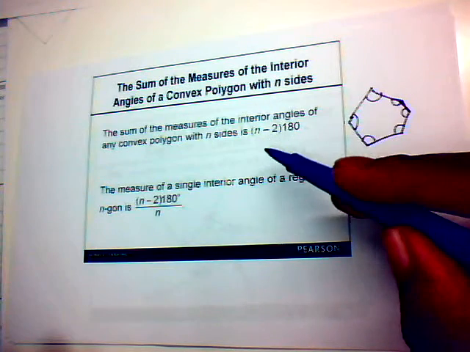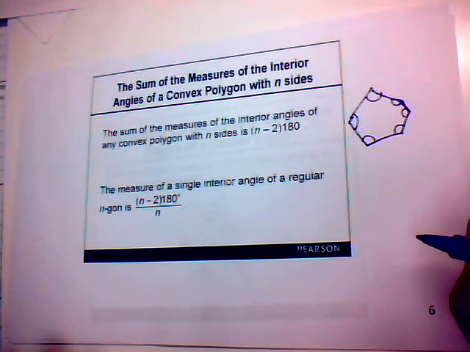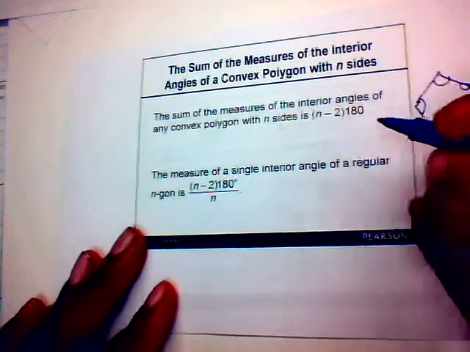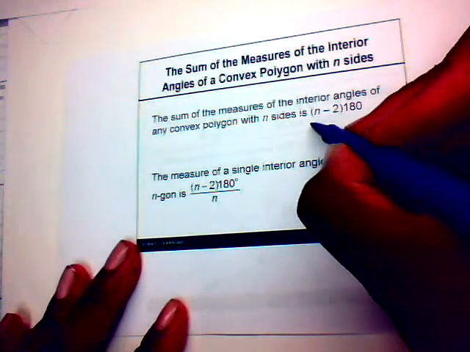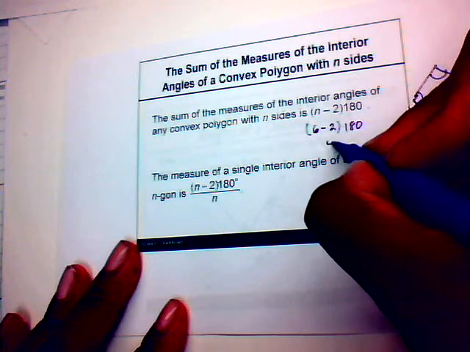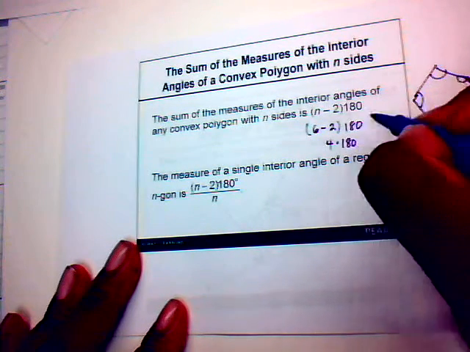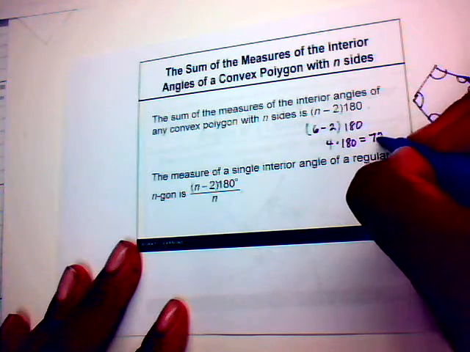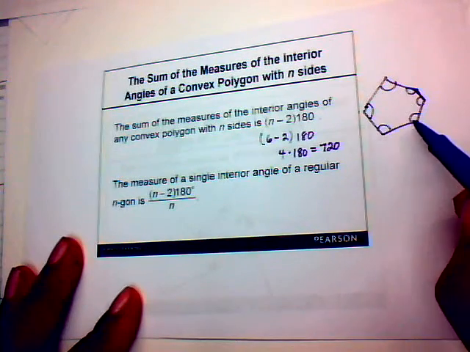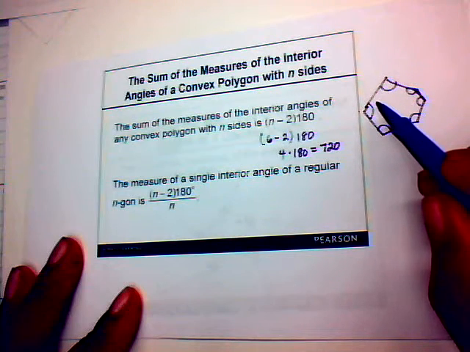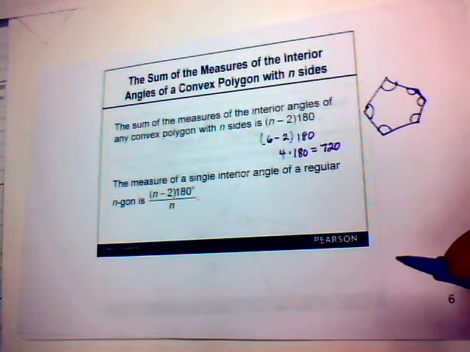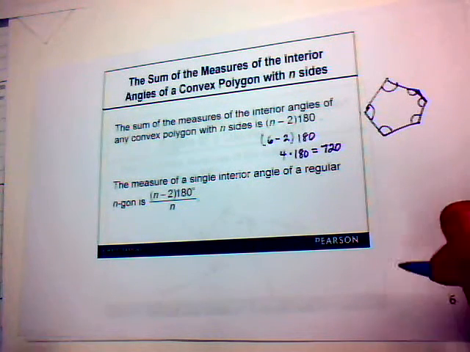Subtract 2 from it, whatever that is, multiply by 180. So let's say this one has 6 sides, so that means we're going to do 6 minus 2 times 180, or 4 times 180, which is 720. So the sum of all the angle measures of the interior angles in that convex polygon would be 720 degrees.